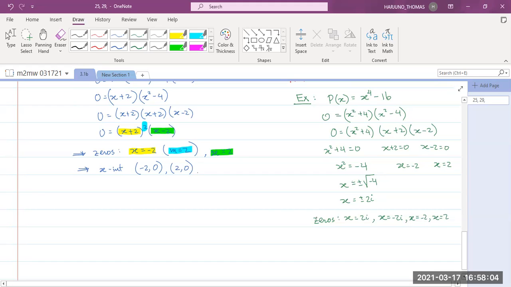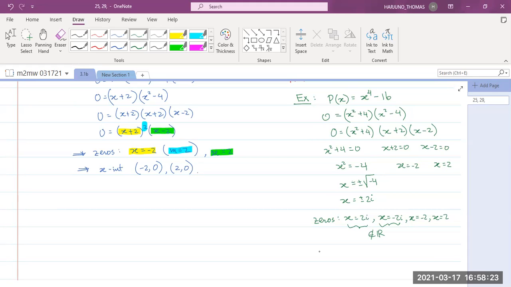Okay. Now, however, because these 2i and -2i are not real numbers, they will not be sketchable. You cannot plot a non-real number on a real coordinate system.